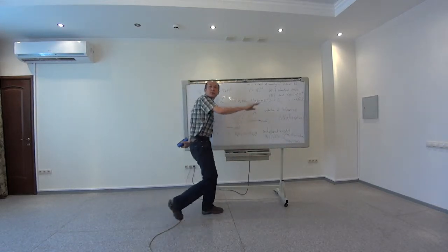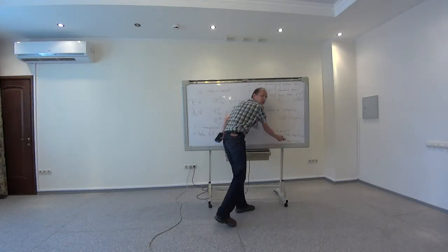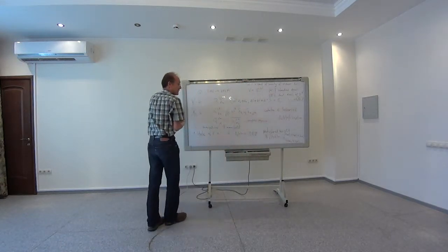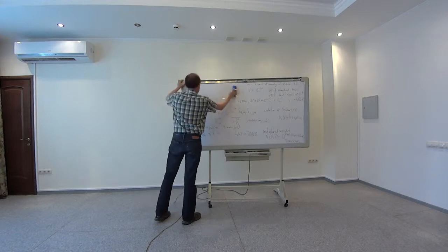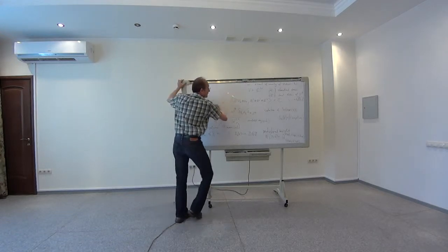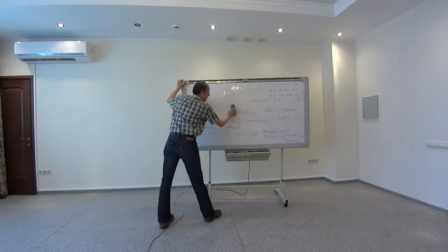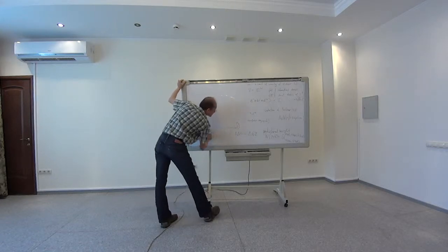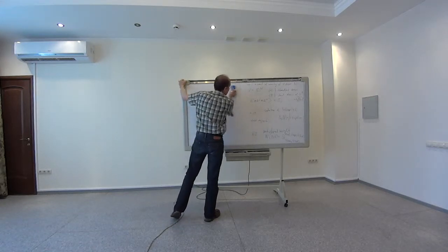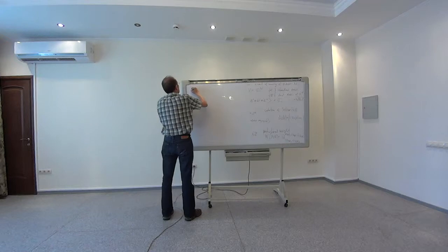Is it visible from the back row, what I'm writing? Okay, let me try to make it in 2 colors. Let me rewrite.